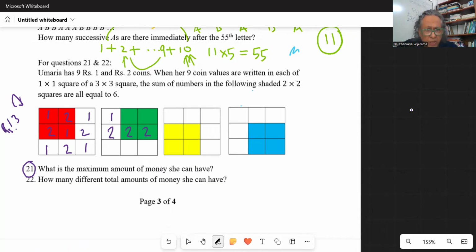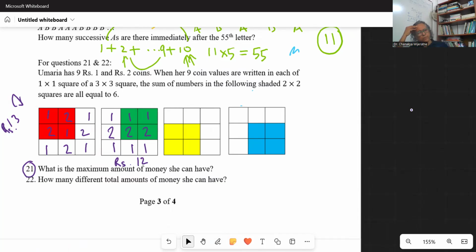So if you have it like this, then all these 4 blocks have their numbers add up to 6. So what is the amount of money here? Rupees, how much? 2, so this is 2, 3, 6 plus 6. So 12 rupees, right?